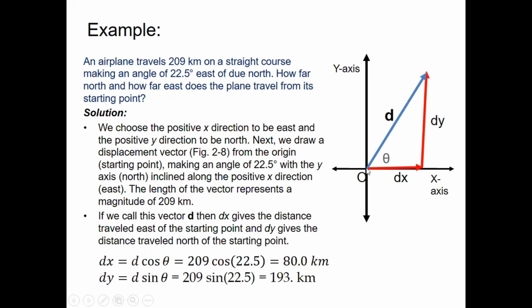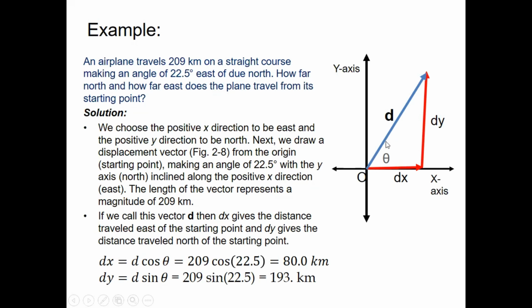This is the starting point. It has gone to this position. This distance is given, 209 kilometers. The angle is 22.5 degrees that is given, and the y-axis is north. So we use the components of a vector.